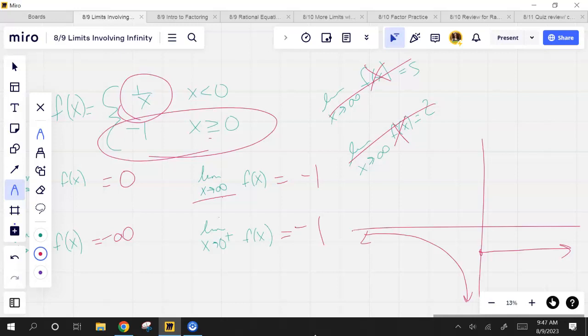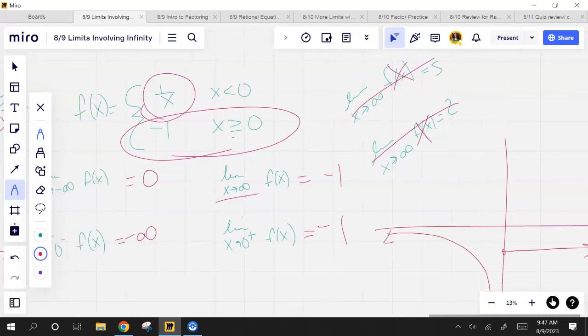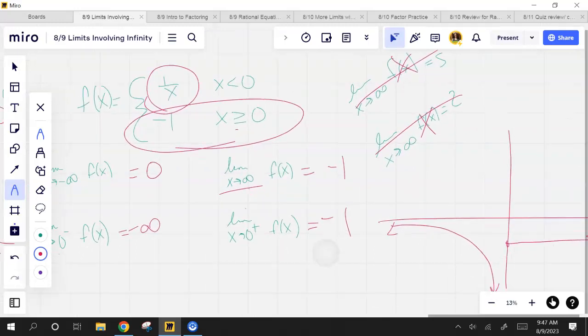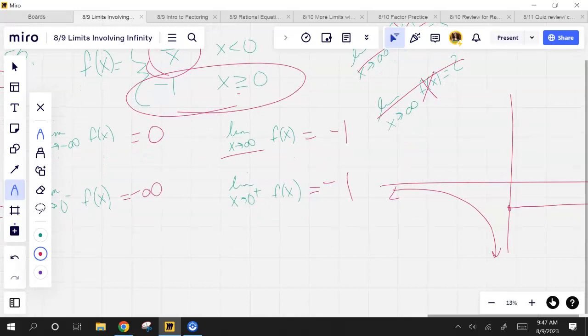There is a vertical asymptote here at 0. Because we can have asymptotes that now bound pieces of graphs. Right. Piecewise gets sticky. I know. Shall we do another one?